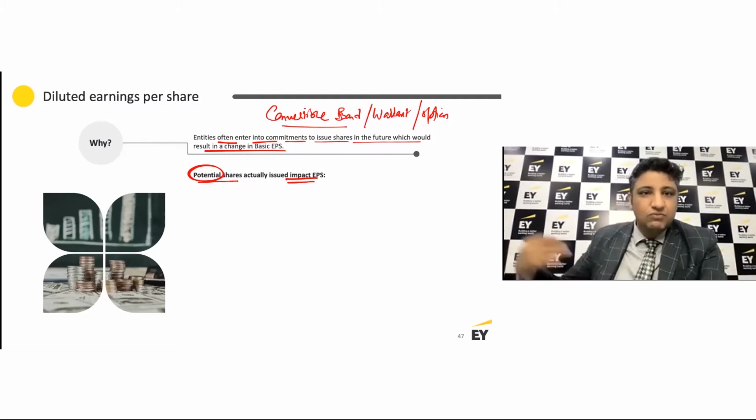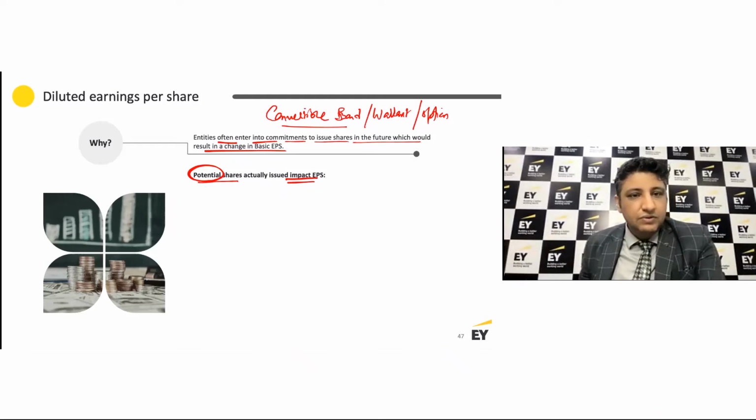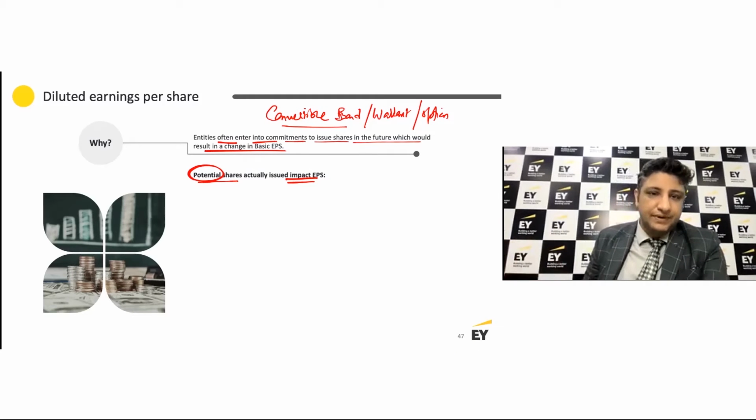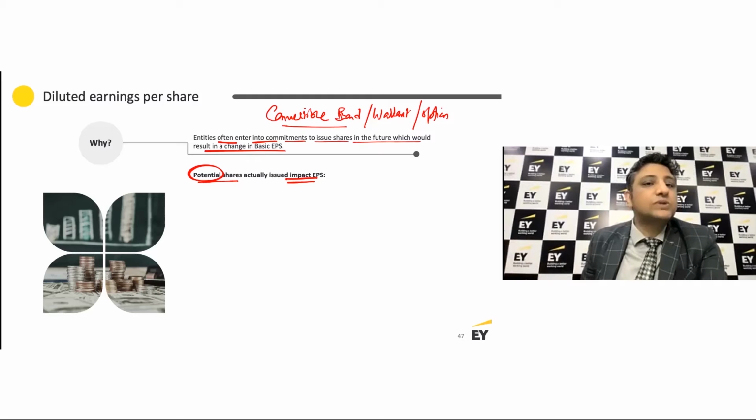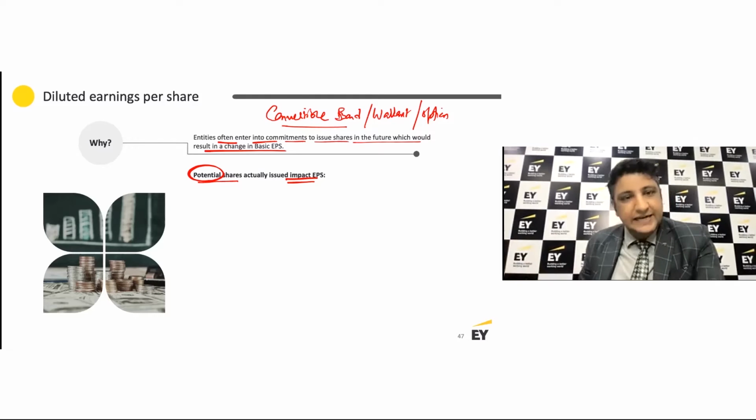And that is what would concern the potential investor or the shareholder. And in case that EPS dilutes or is expected to dilute in future, that information has to be provided in the books today itself.